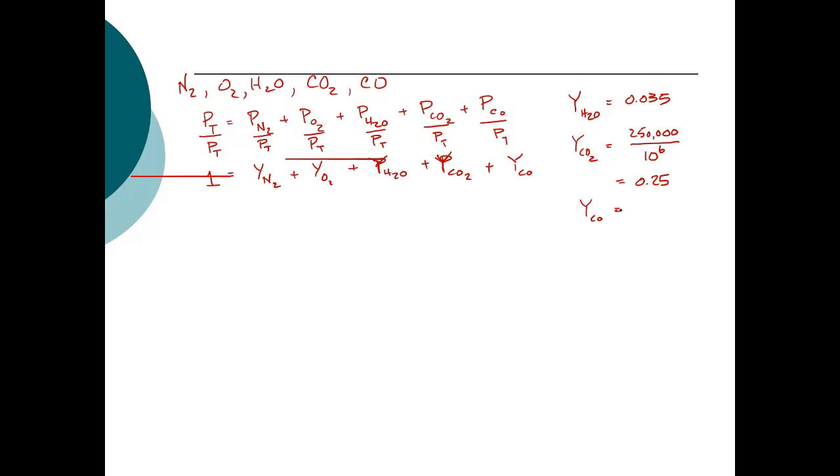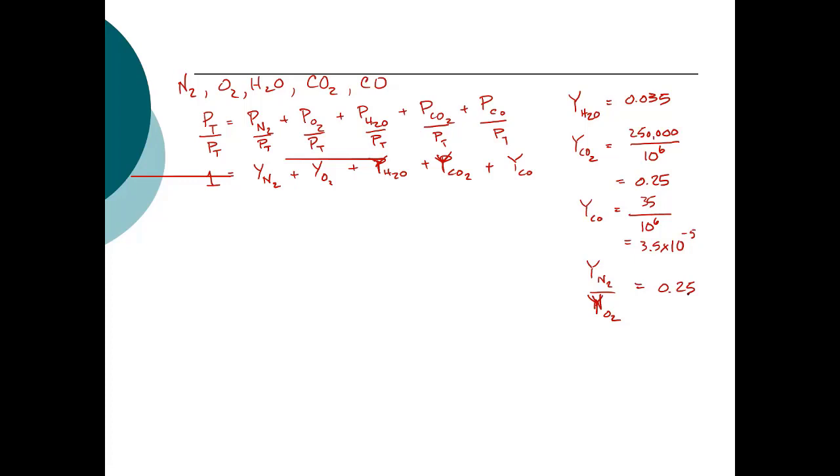For simplicity here, we'll use the mole fraction, so we'll use the PEL for carbon monoxide, and that is 3.5 times 10 to the minus 5. We also know that the ratio, this was given, the ratio of nitrogen to the ratio of oxygen is equal to 0.25.